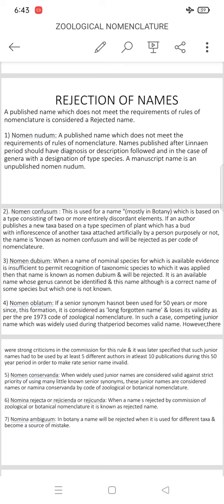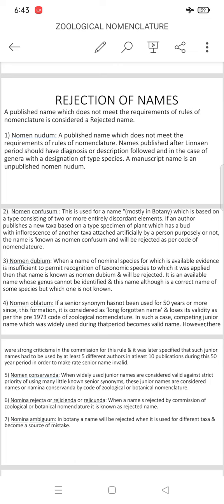If the inflorescence of another taxon is attached artificially by a person, purposely or not, the name is known as nomen confusum and will be rejected as per the code of nomenclature.